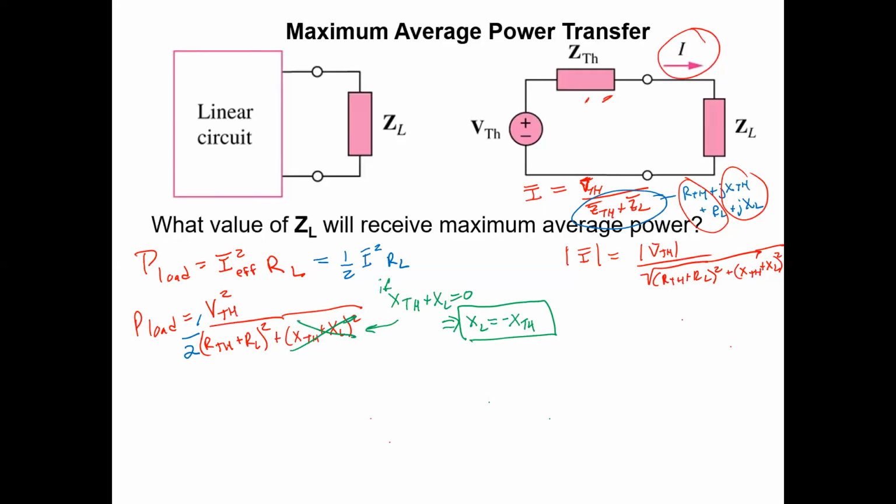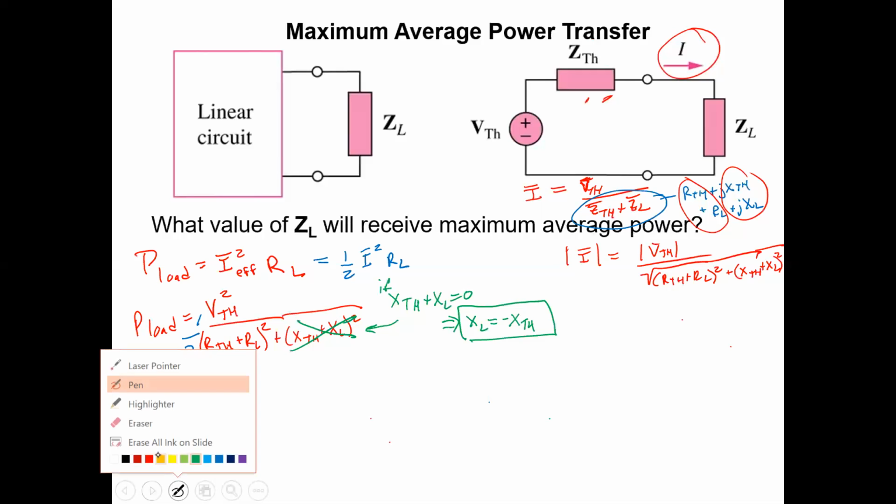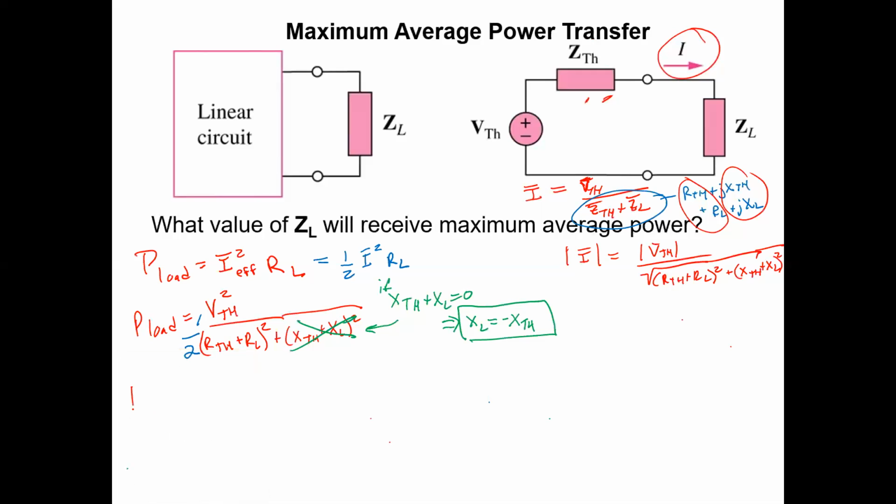Because in the same way we did it for DC circuits, we're just left with power as a function of RL, which is going to be V Thevenin squared. Oh, I forgot an RL here. Because we're supposed to multiply this whole thing.